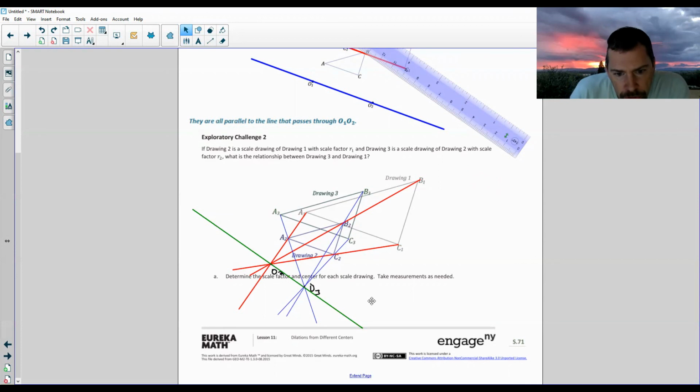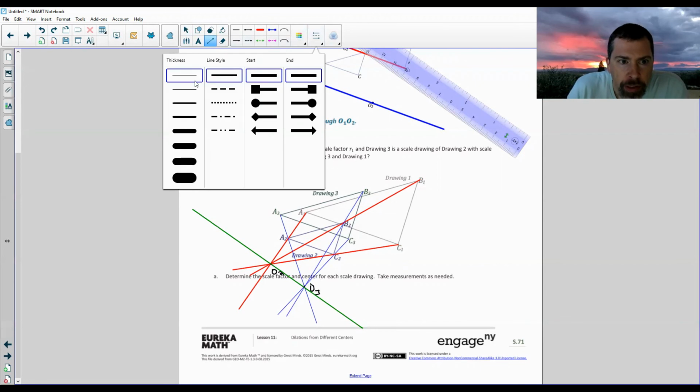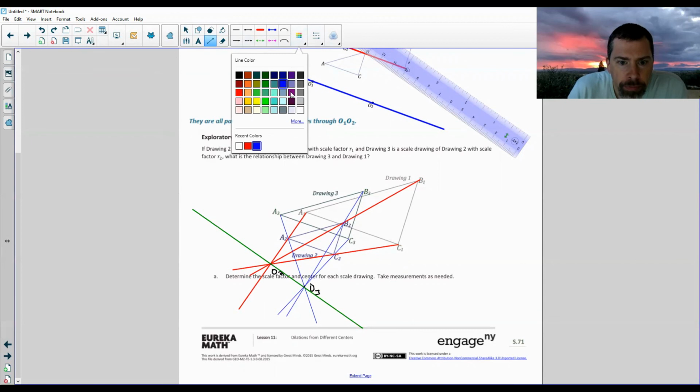But what's interesting about this is now if I draw rays, and this time I'll use purple, and let's make it thin, yep, purple.